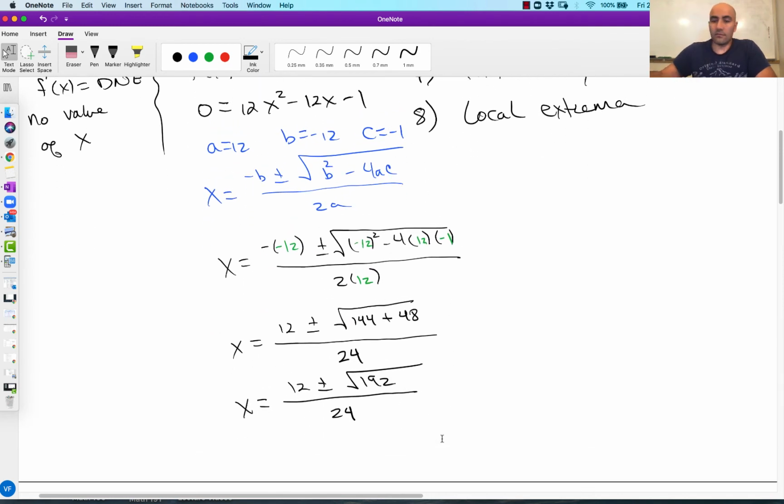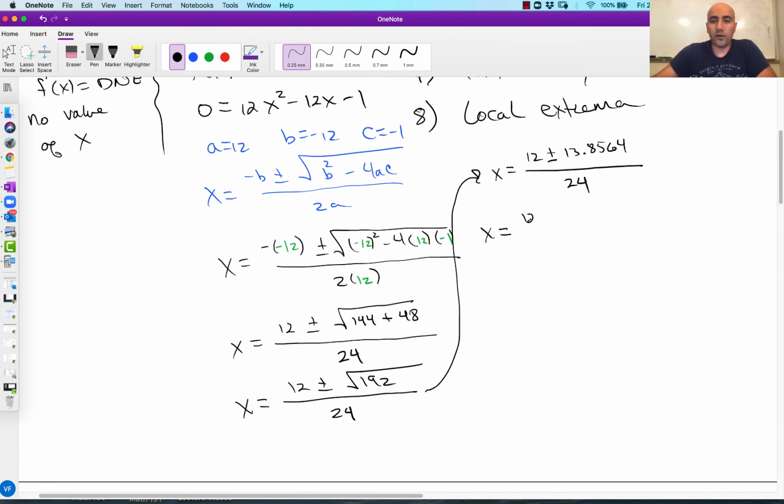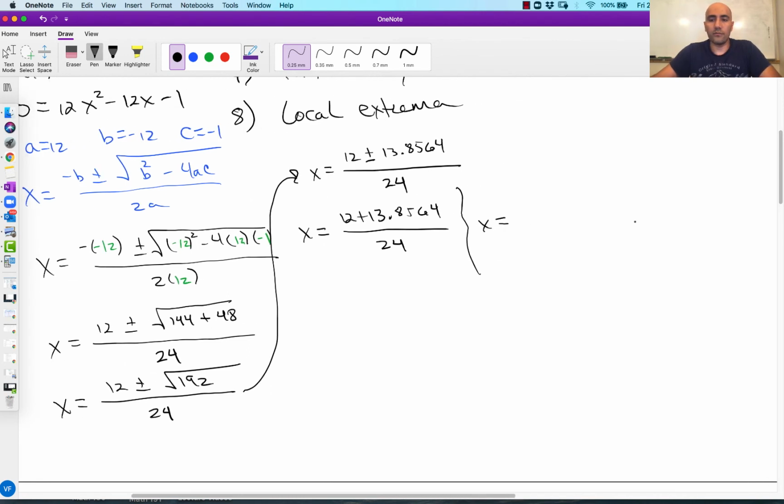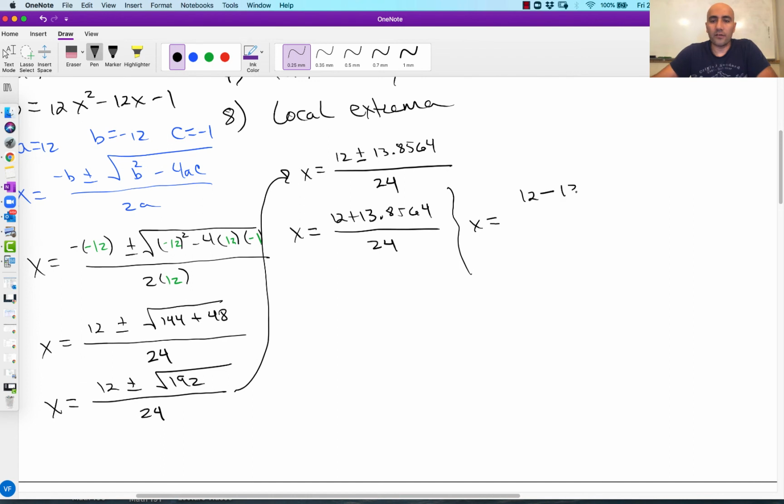So let's say this means that x equals 12 plus or minus 13.8564, all over 24. So one of those cases will be equal to 12 plus 13.8564 divided by 24, whereas the other case will be x equals 12 minus 13.8564 divided by 24.